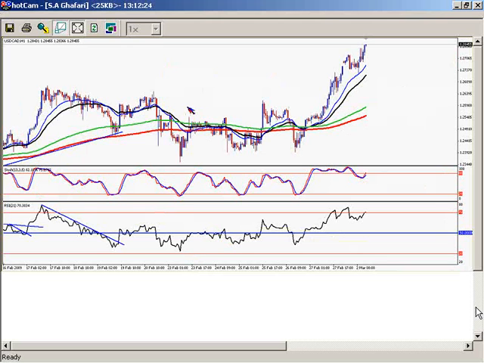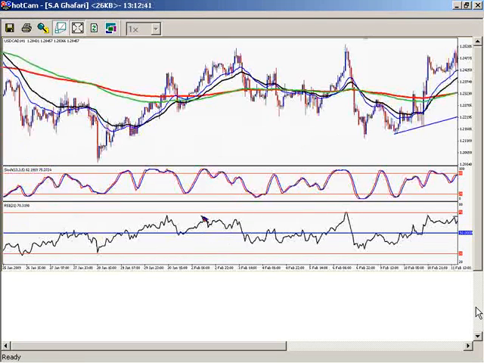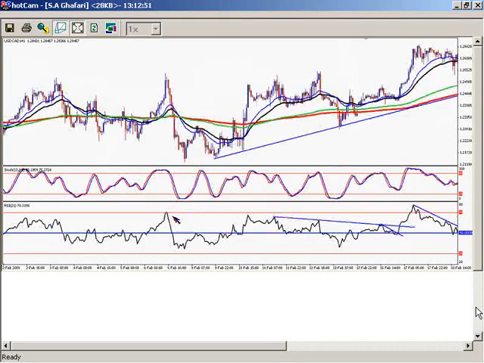We can also use simple moving averages, Bollinger Bands, divergence patterns, and the overbought and oversold areas that you also know about, which happen almost every day on the charts and oscillators.